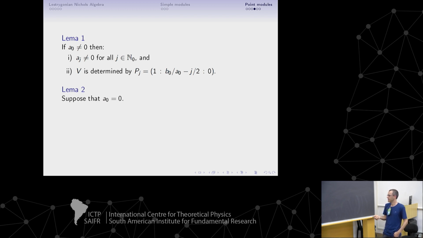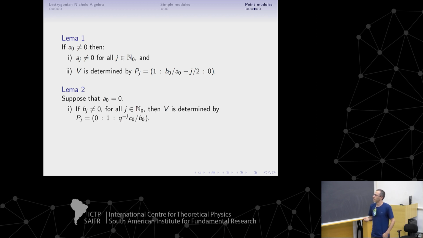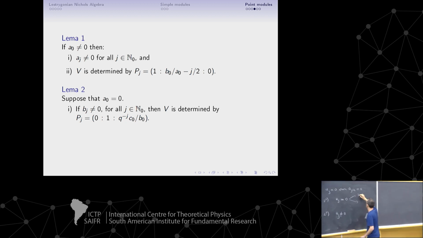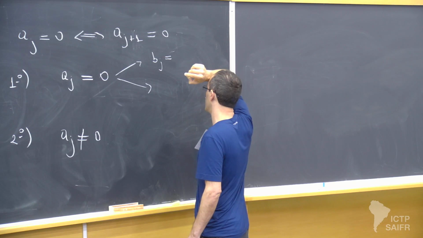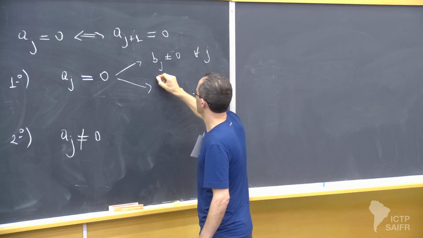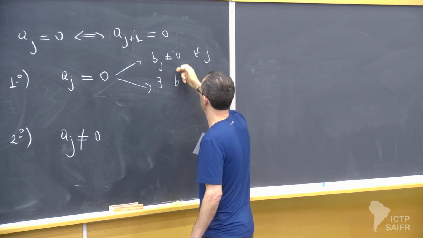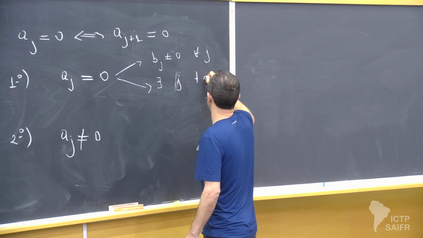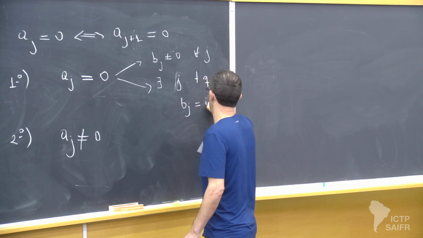When A0 is 0, that means all Aj are 0. And we separate this case in two subcases: the case that Bj is not 0 for all j, and the case that there is a j such that Bj is 0.